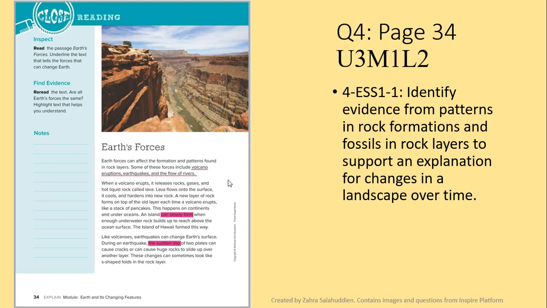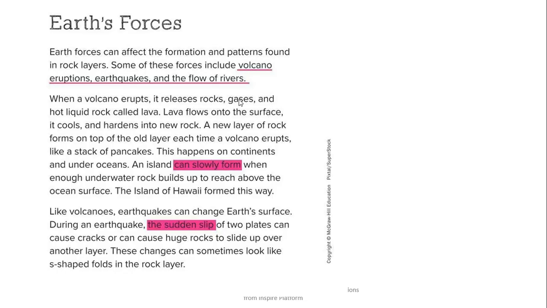Okay, now we're going to go to page 34 and talk about Earth's forces. Okay, so in this page, we can see that they discuss forces that shape the Earth. They mention volcanoes, earthquakes, and the flow of rivers. In this section here, they mention that volcanoes change the Earth slowly.